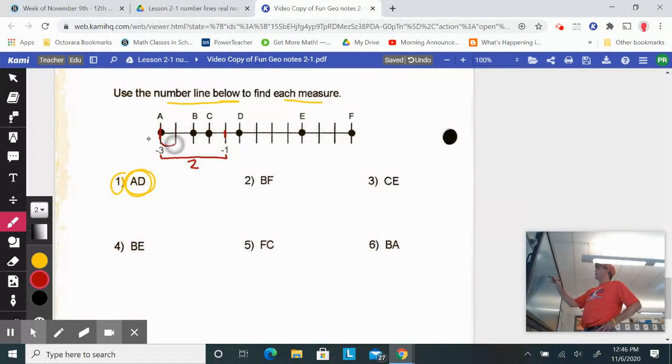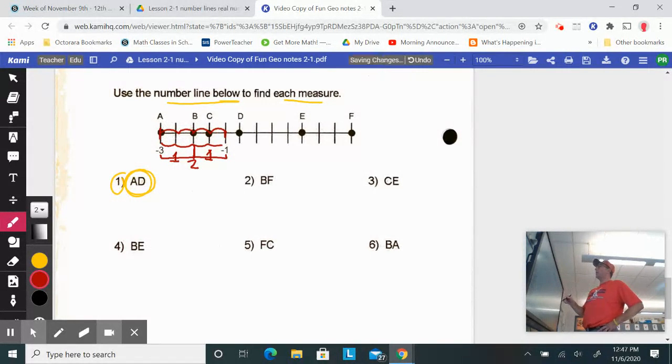There are 1, 2, 3, 4 equal parts. If I cut that in half, each of those would represent 1. So 1 whole from -1 to here, and then from here to here is another whole.